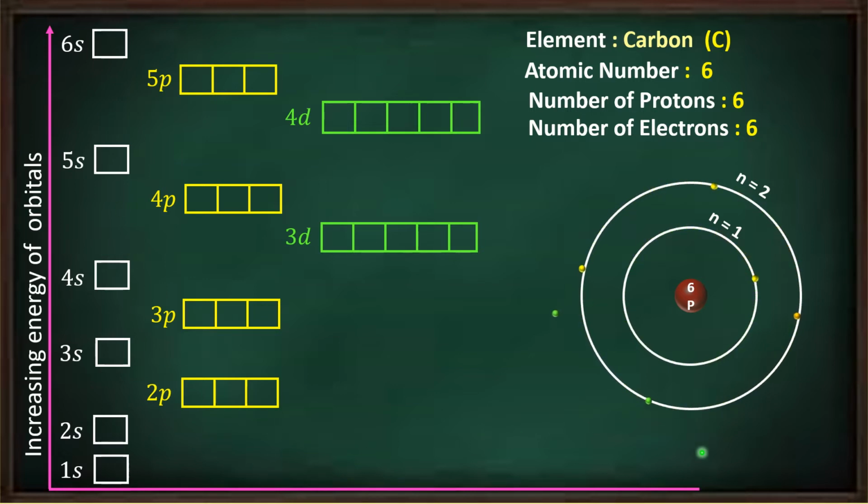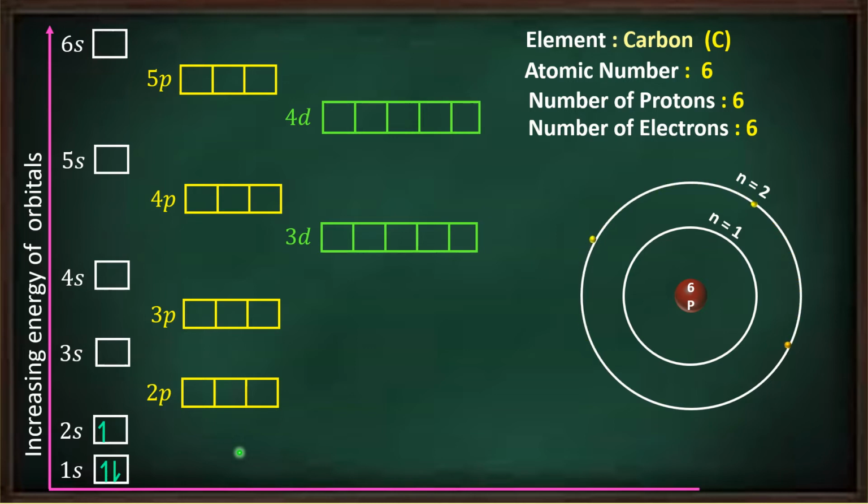Okay, so the first electron enters into the 1s orbital. Second electron pairs up with this electron, isn't it? So the 1s orbital is completely filled. Then electrons enter into 2s.